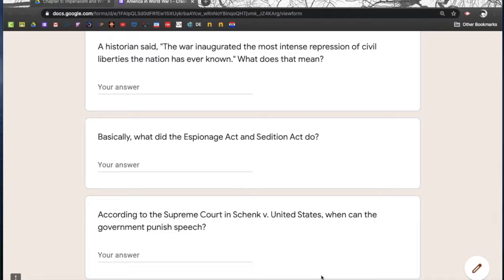Moving on. A historian said the war inaugurated the most intense repression of civil liberties the nation has ever known. What does that mean? The war inaugurated, meaning the war started, the most intense, or really strong situation arose. And that strong situation that the historian was describing was an intense repression of civil rights.